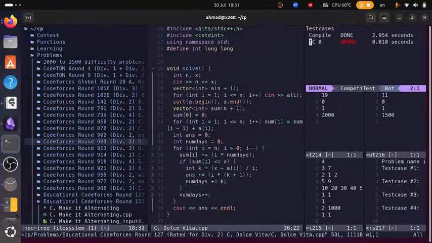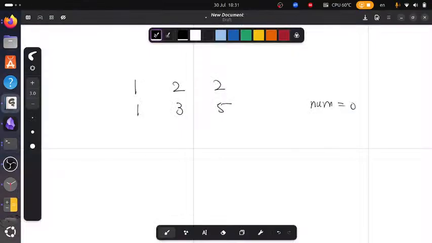So by adding, let's write the indices here, 1, 2, 3. So the sum becomes 5 plus 3 times 0, which remains 5.